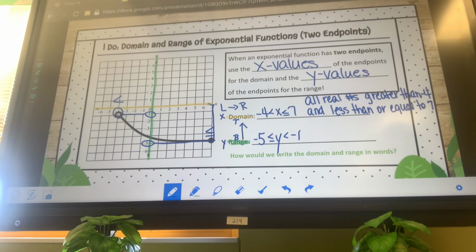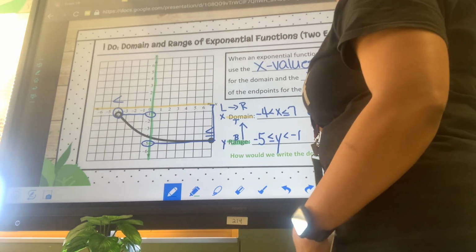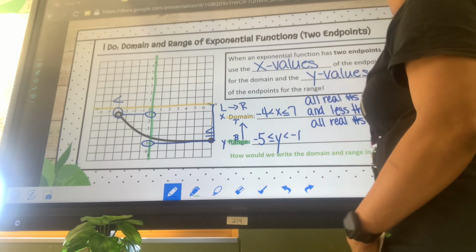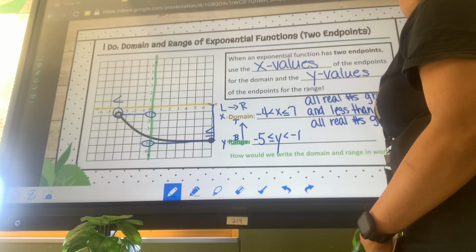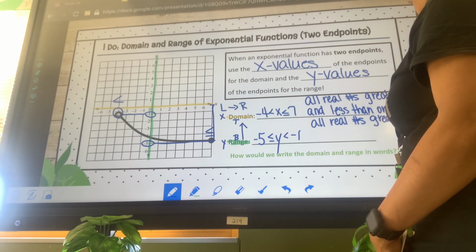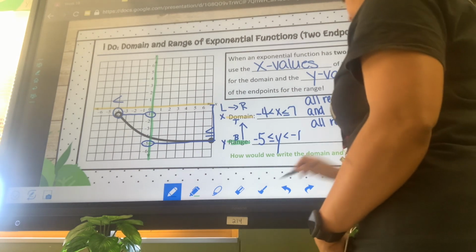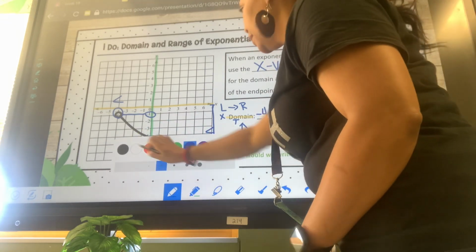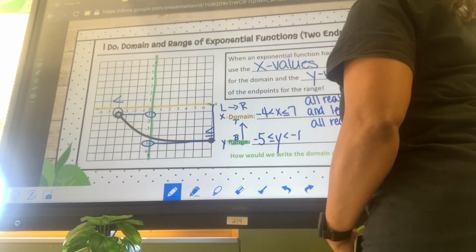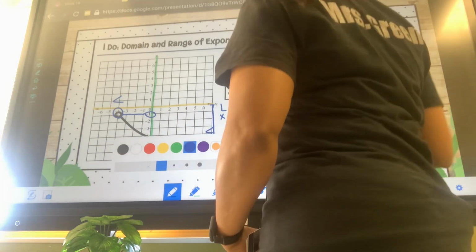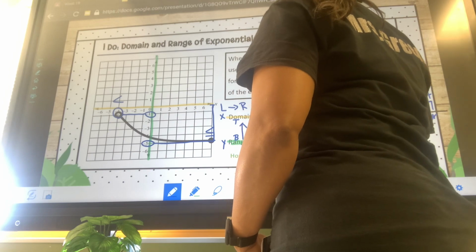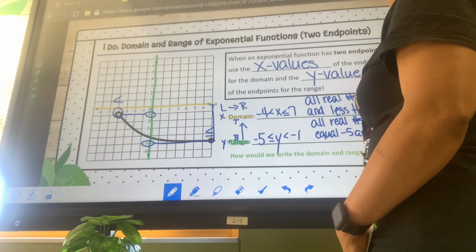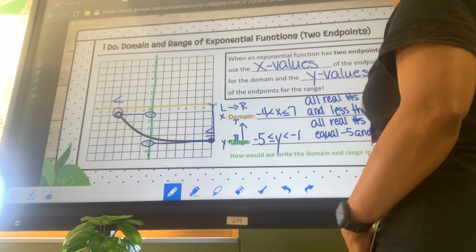We read this as all real numbers greater than or equal to -5 and less than -1, so we don't mix these up.